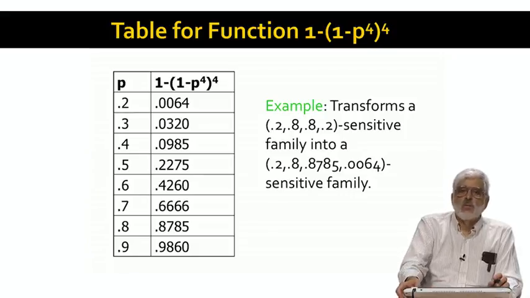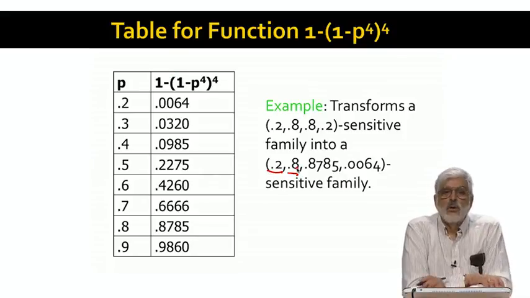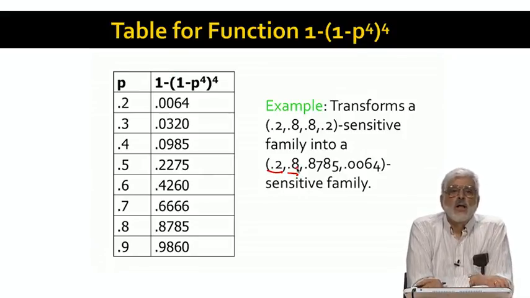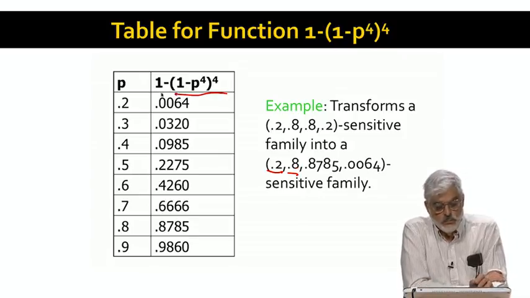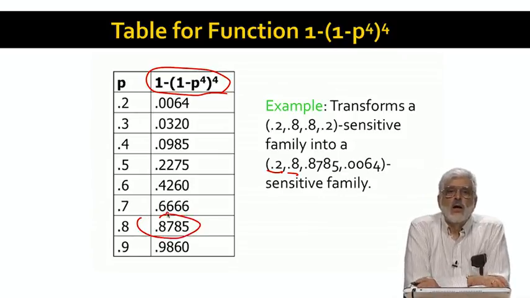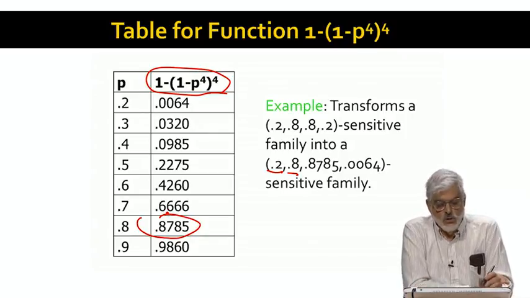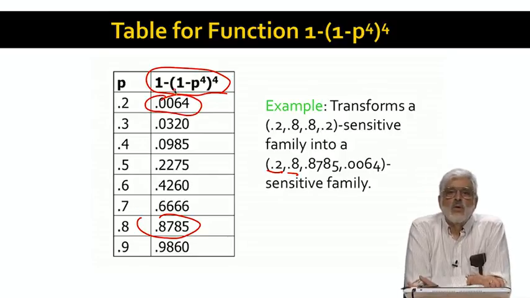The constructed family has the same distances 0.2 and 0.8. But if you substitute P equals 0.8 in this formula, you get 0.8785. So the upper probability is raised. That's good. And if you substitute P equals 0.2 in the same formula, you get 0.0064. So the lower probability is lowered.